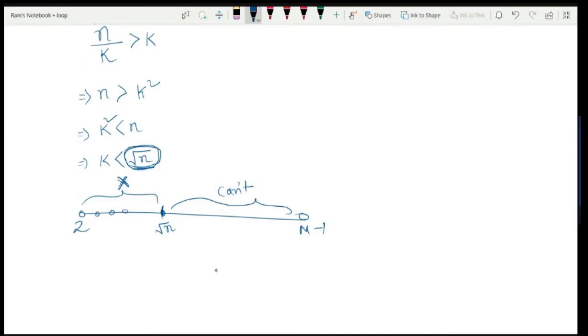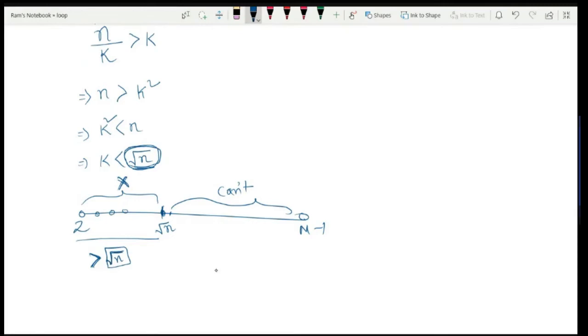Right? Why? See for a moment, if n has a factor, then that factor is greater than square root of n. That factor must be greater than square root of n, because our program already checked up to square root of n, and there is no solution. So if there has to be a solution, then the first factor must be greater than square root of n.